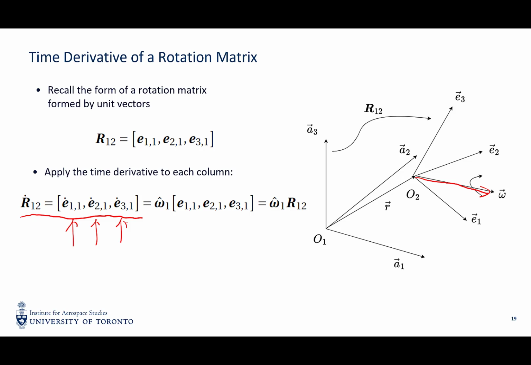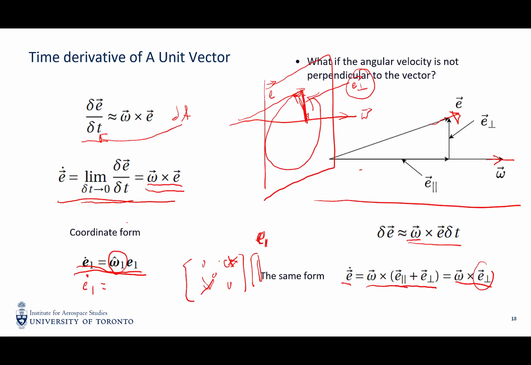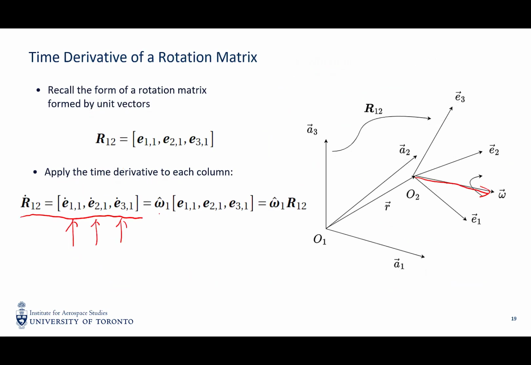And by using this coordinate form of the time derivative, the relationship between the angular velocity and the unit vector, we can see that this E11 dot is actually equal to omega 1 hat times E11. And E21 dot equals omega 1 hat times E21.